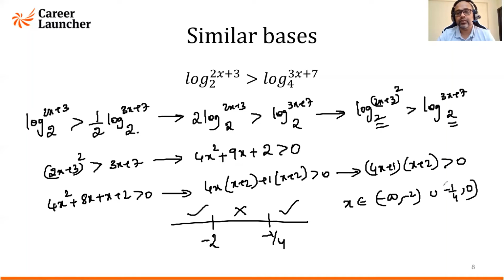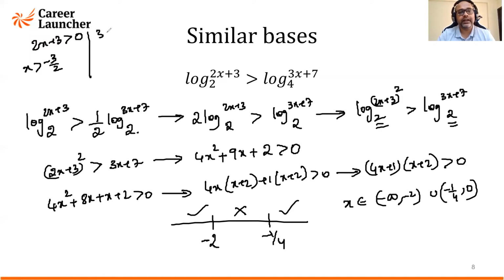But before you do this, you also have to check the validity of the left hand side logarithm and the right hand side logarithm. 2x plus 3 should be greater than 0, because that's how the logarithm is defined, which gives x greater than minus 3 by 2.